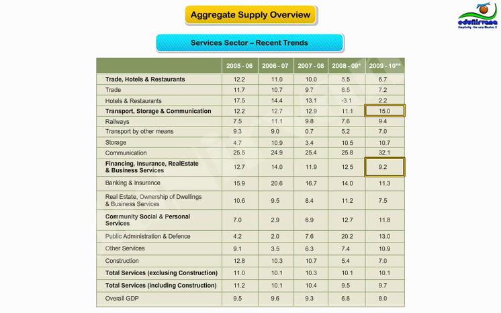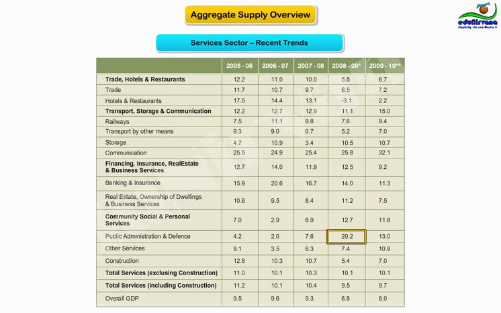A third category, trade, hotels and restaurants, slowed in 2008-2009 and has recovered moderately in 2009-2010. The fourth category, community, social and personal services, saw a sudden jump in 2008-2009 to overtake the growth of all other categories, reflecting the high growth in public administration and defense.